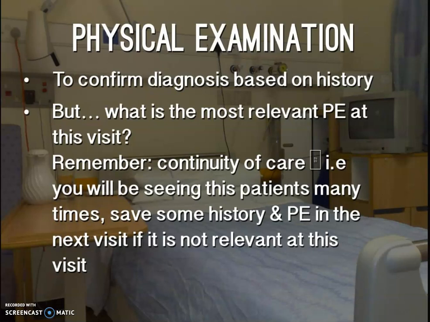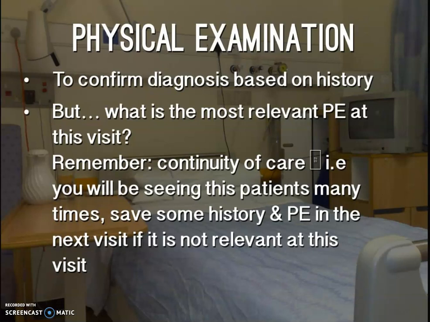Okay, number 2, from your definition, the most problematic problem during this consultation is her diabetes. So what you need to do is to ask about symptoms of hyperglycemia, such as polyuria, polydipsia, lethargy, weight loss, and in physical examination, you need to examine for signs of hyperglycemia.